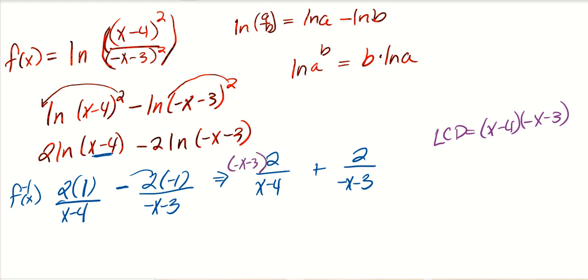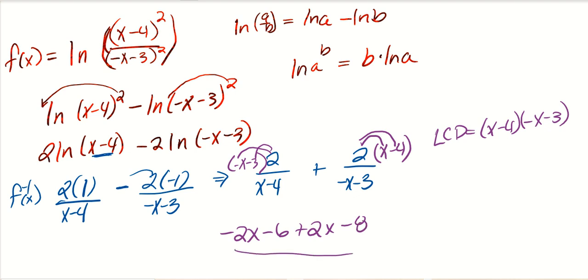And on my second fraction or term, I am missing the x minus 4. I need to distribute my 2's, so that will give me a negative 2x minus 6. And then this will give me a positive 2x minus 8. All right? And that's all over that LCD.